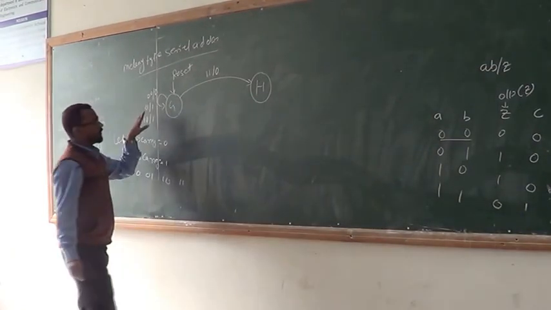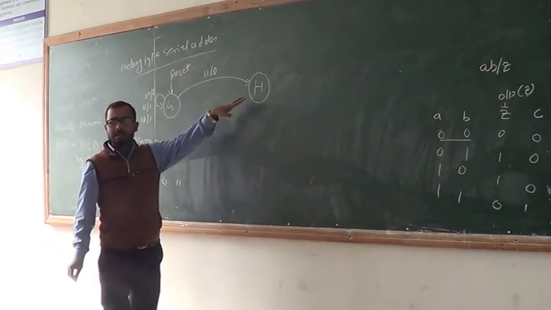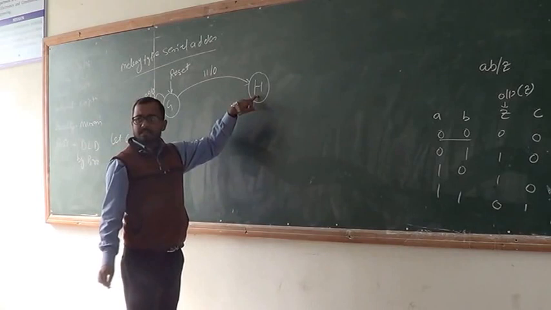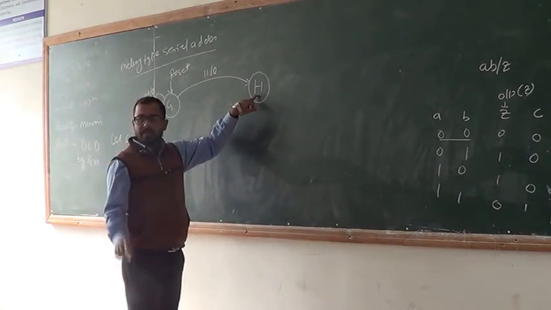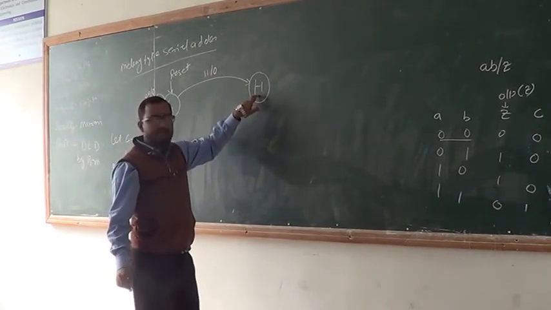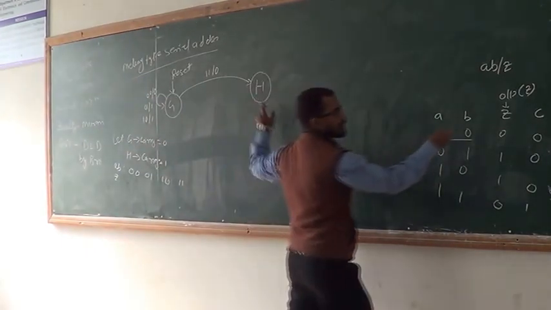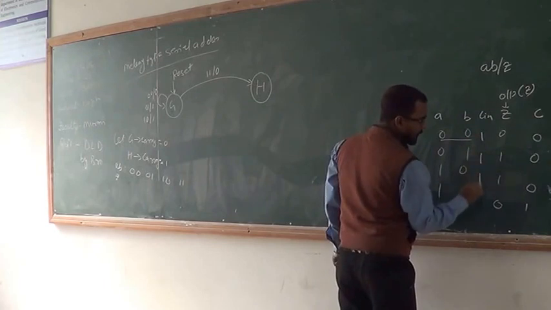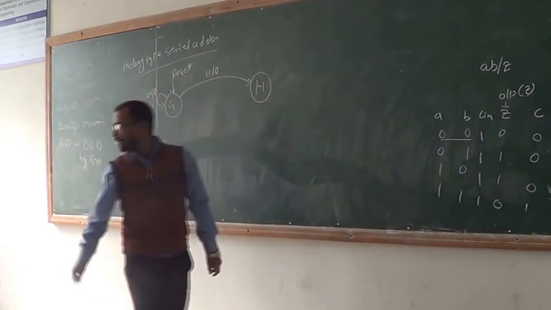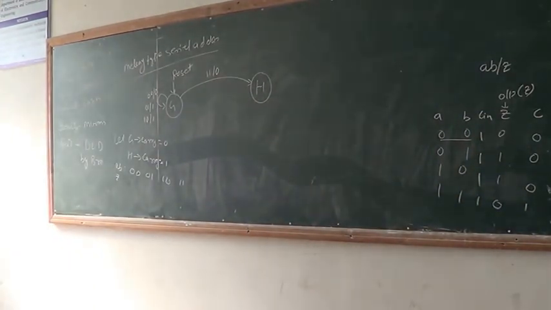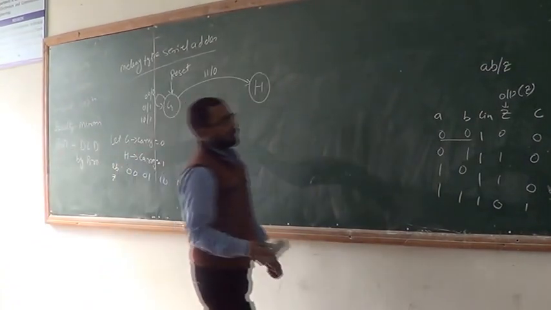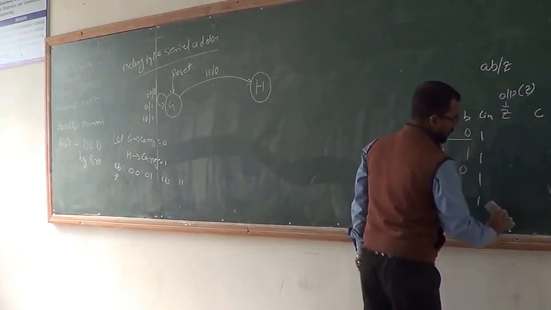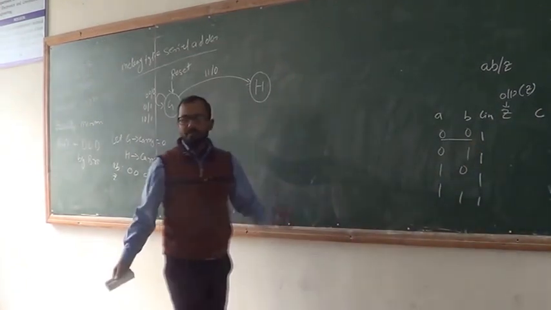Now coming to H. Here in state H, the carry is 1. Now you consider Cin. In the Cin, carry is always 1. So what will happen? Wait, here. You make this type of table in rough.